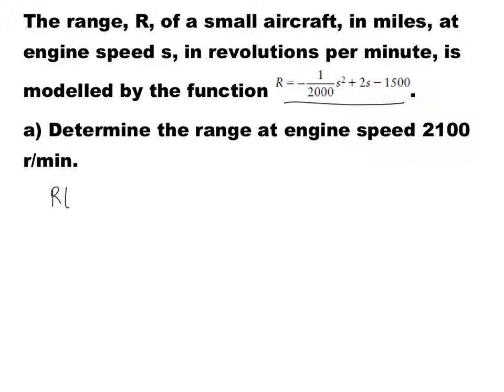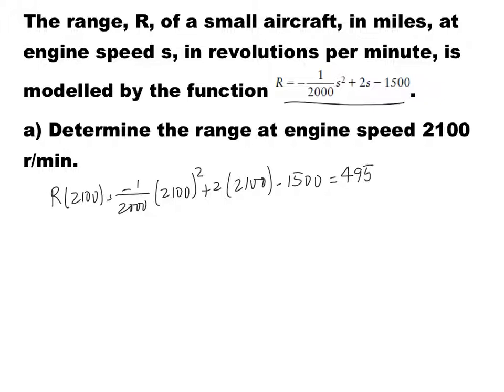So we say r of 2100 is -1/2000 times 2100 squared plus 2 times 2100 minus 1500. If you simplify this one, we get 495 miles.